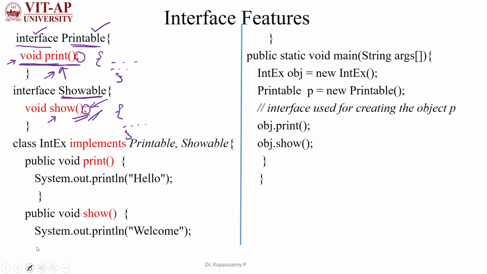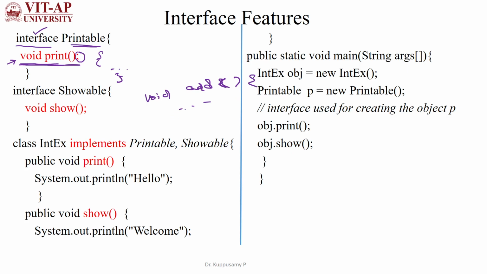If you define a method like void add, and then define some statements, int a = 10, then print the a value, this is not an abstract method.